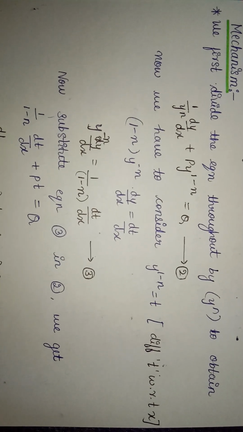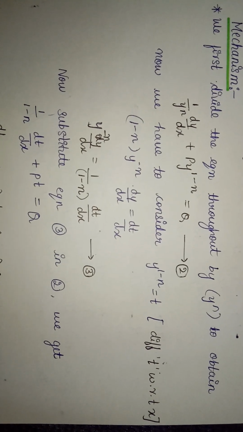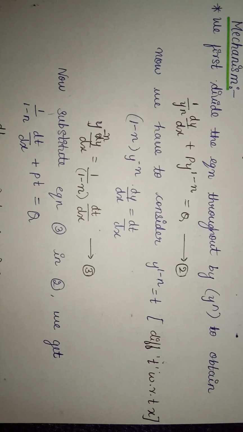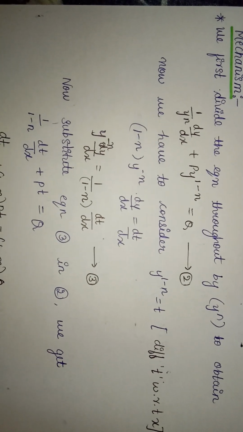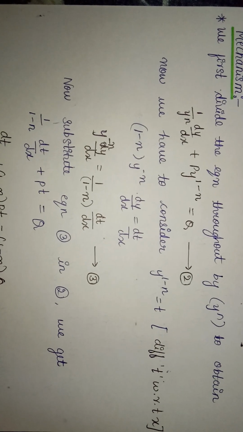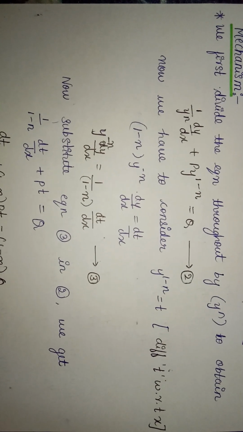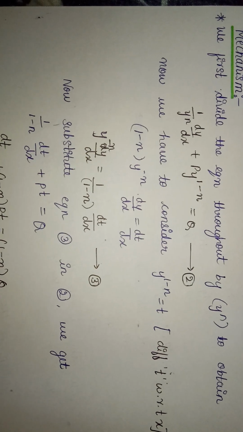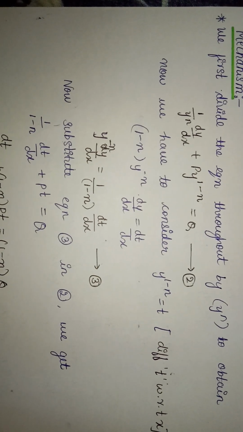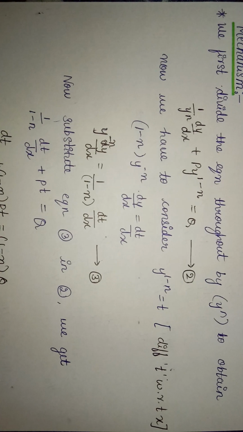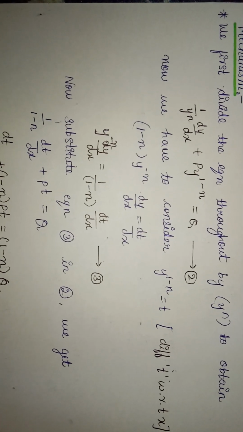where we can take y to the power of 1 minus n equals t. I am just taking a variable for it, which is t. Now our next work is to differentiate y to the power of 1 minus n equals t with respect to x.